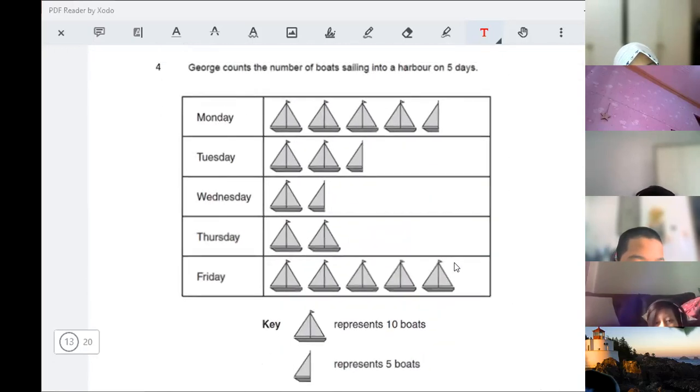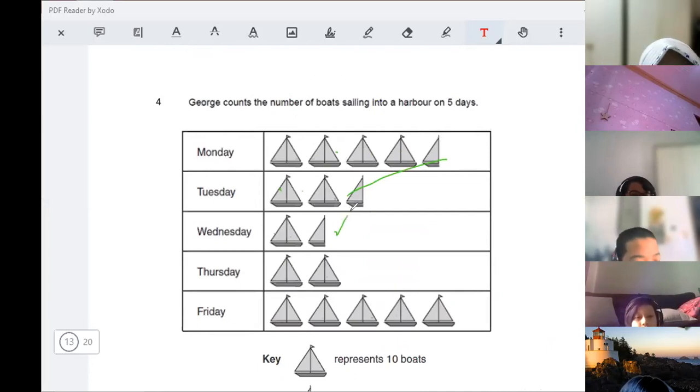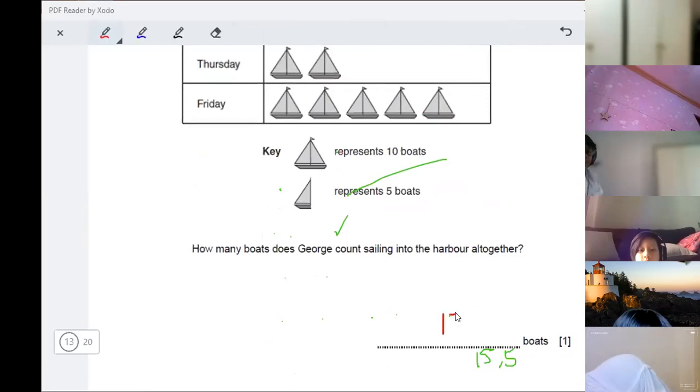What do you think? 1, 2, 3, 4, 5, 6, 7, 8, 9, 10, 11, 12, 13, 14, 15 and a half. So 15 and a half. How many altogether? 155. That's right.